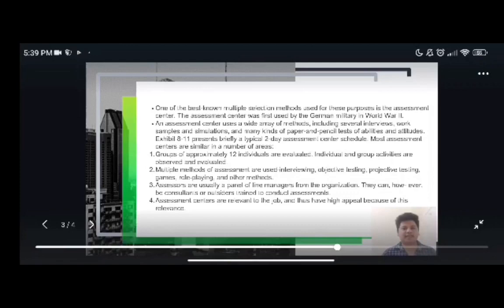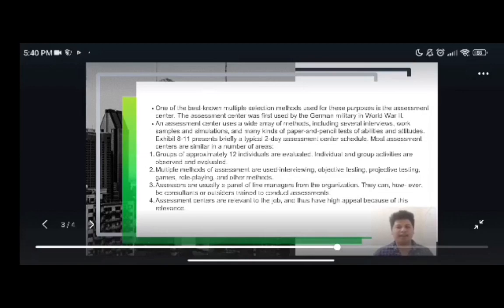Most assessment centers are similar in a number of areas. Number 1. A group of approximately 12 individuals is evaluated. Individual and group activities are observed and evaluated. Number 2. Multiple methods of assessment are used: interviewing, objective testing, projective testing, games, role-playing, and other methods.